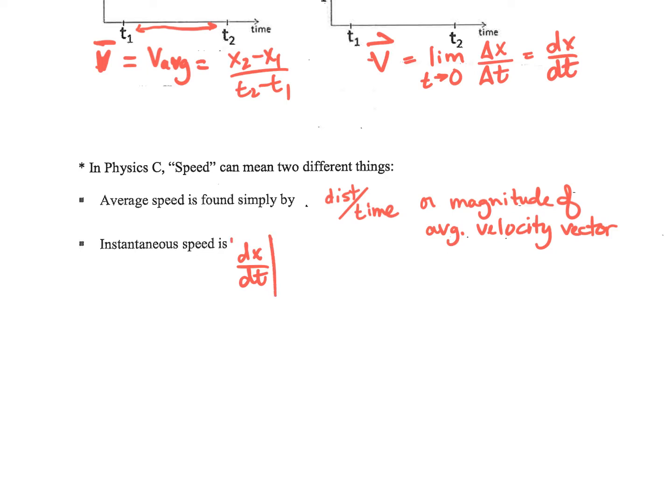So we call it this speed. Now, why did I put those bars around it? Because I'm saying that it's speed, so it's got to be positive, doesn't it? Positive derivative.